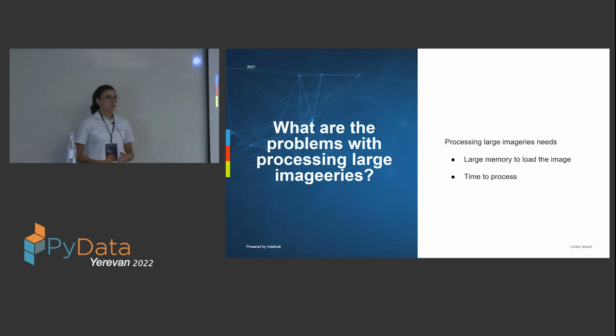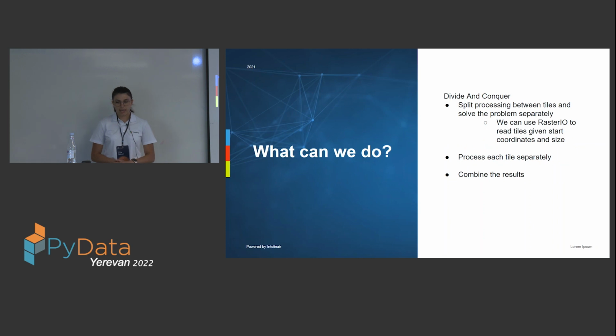So in this pipeline, we try to optimize as much of the processes as possible. The solution we came to is basically a divide and conquer one. Instead of solving a problem on an entire image, we solve it on parts of the image and then combine all of the results together. We can use rasterio to read any sized tile from the image, given the exact coordinates where that portion of the image is located.